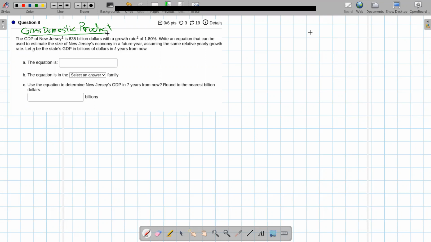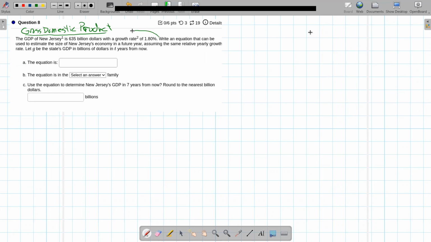Okay. We want to write an equation that can be used to estimate the size of New Jersey's economy. Gross domestic product is one way we measure the economy of a state or country or region in a future year, assuming the same relative yearly growth rate.